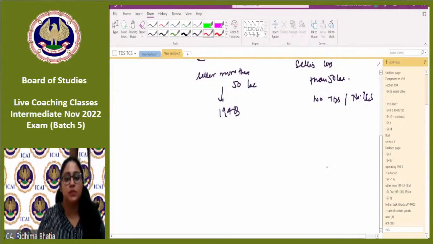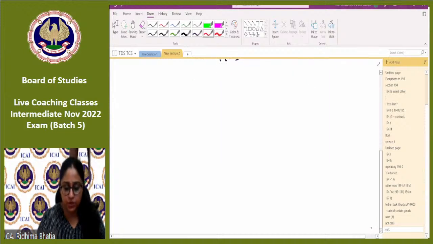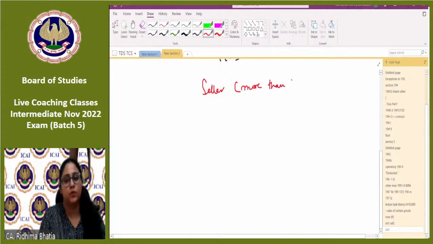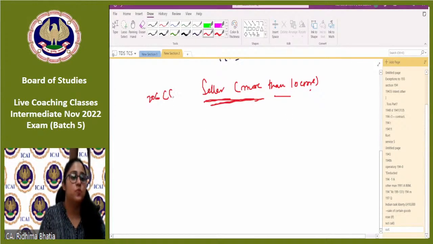Now assume yourself as the seller. Now the situation will change. Seller who has a turnover of more than 10 crore. Main confusion यहाँ पे आएगा because 206C1H would not be applicable, right?